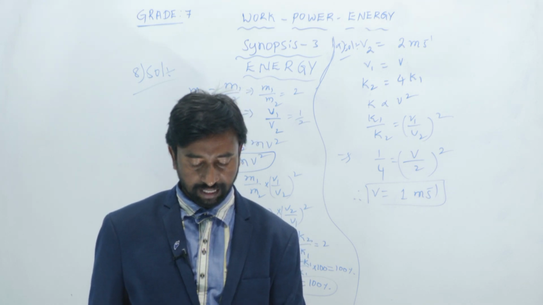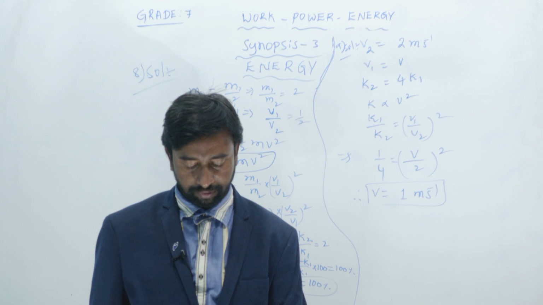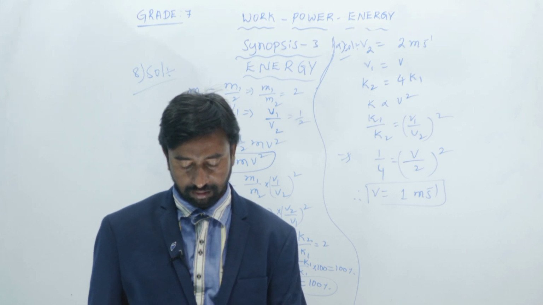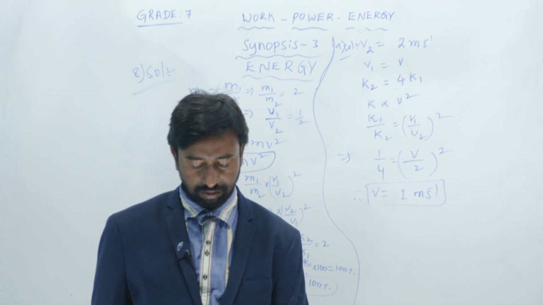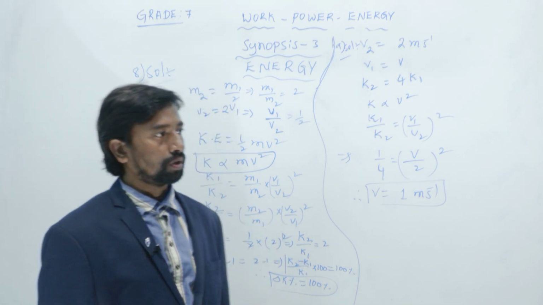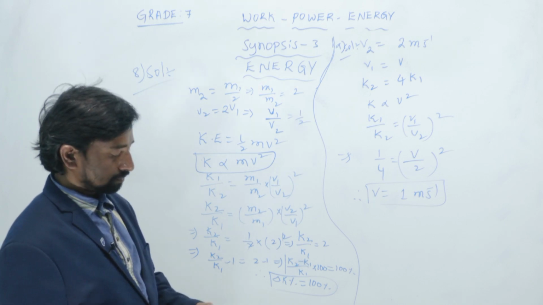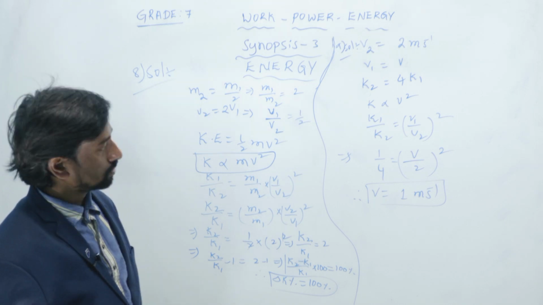If the passengers add 40% of its weight and the same braking force is applied, then the stopping distance is what we need to find out. So how to find out the stopping distance? Here we'll write like this.